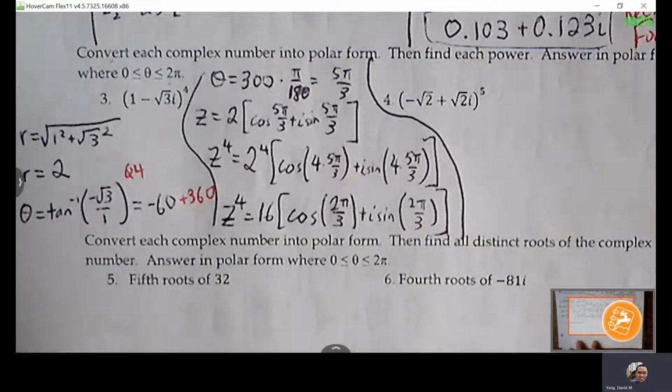Okay, any questions with 3? Okay, so number 4, very similar steps. You can practice through those steps and see if you can use number 3 to help you recall each of the things that we have to do here.